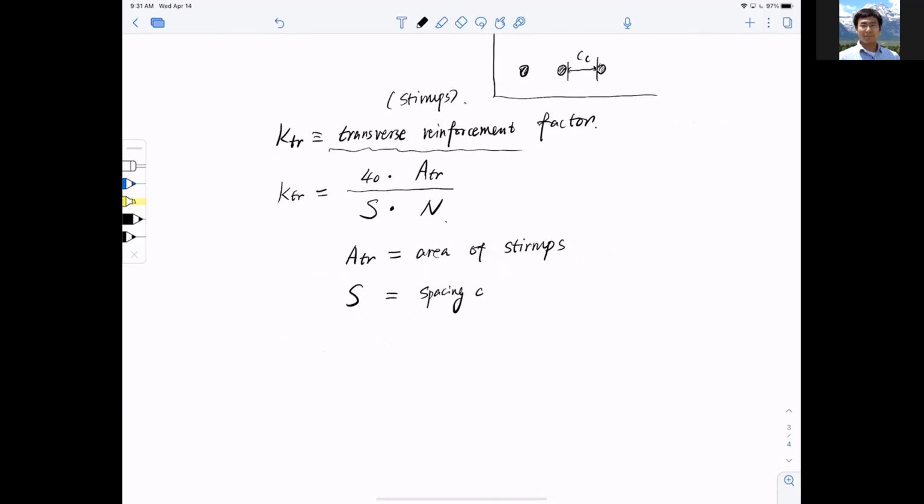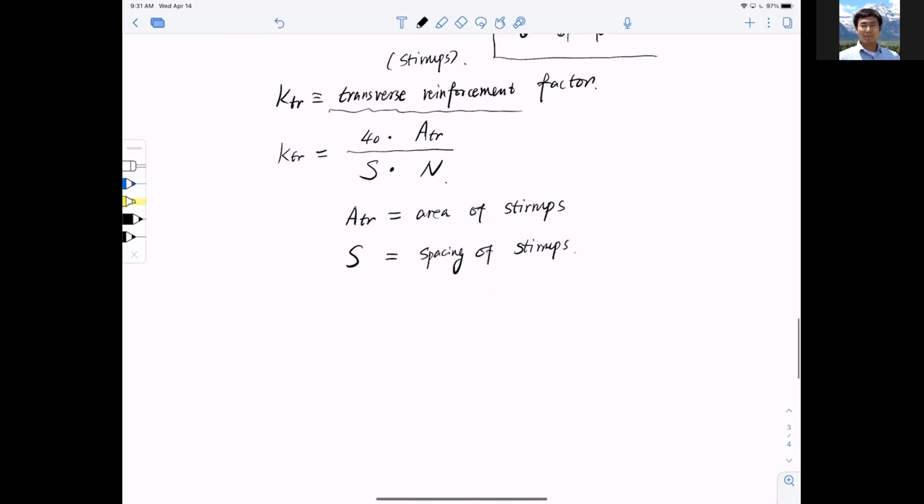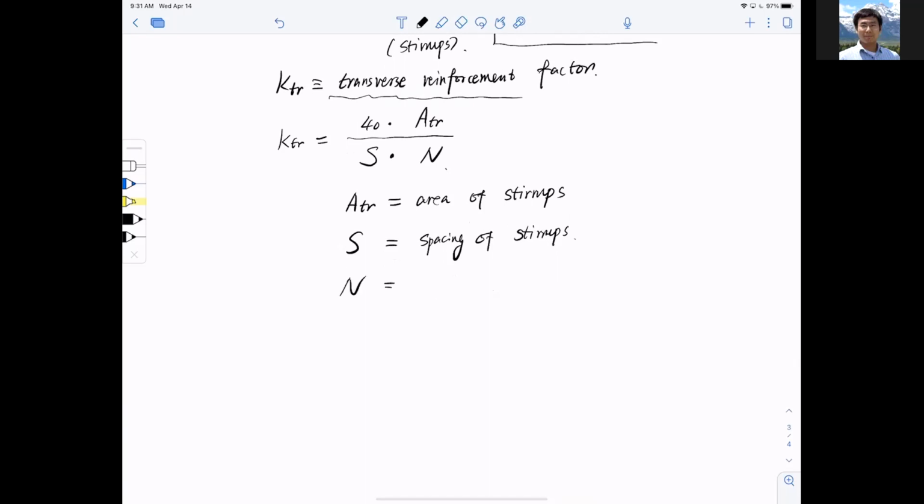Sounds familiar, right? It's just like shear. And N, be careful, is the number of bars being developed. That means how many bars in the parallel plane, how many bars in the plane.